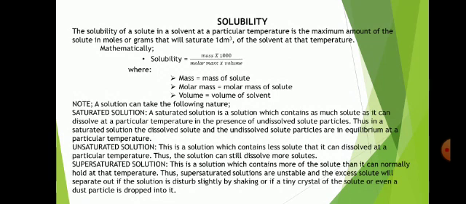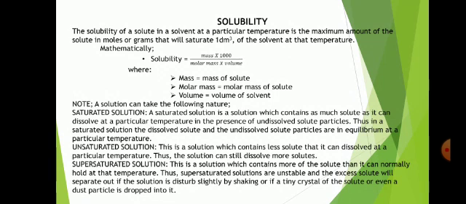Note, a solution can be in the form of either saturated, unsaturated, or supersaturated solution. A saturated solution is that solution which contains as much solute as it can dissolve at a particular temperature in the presence of undissolved solute particles. That is to say, a saturated solution has taken as much solute as it can handle, and what can no longer dissolve in the solvent will remain as a precipitate.